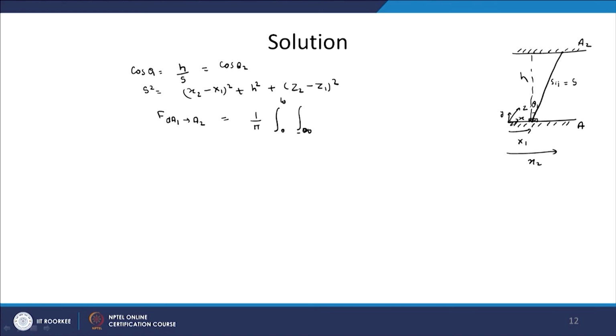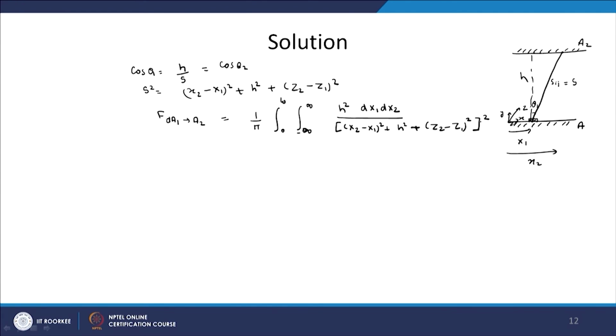where the z limits are from minus infinity to infinity, as we assume that the z direction is infinite. We have to integrate over the two areas, and then in the denominator we have s power 4.